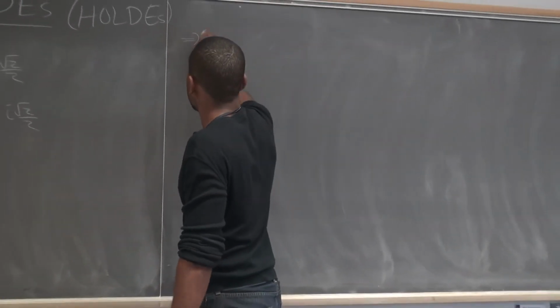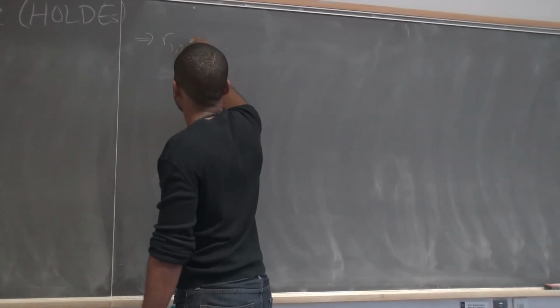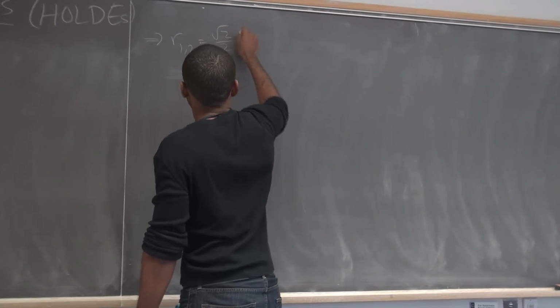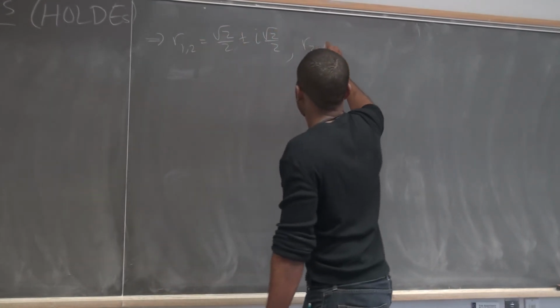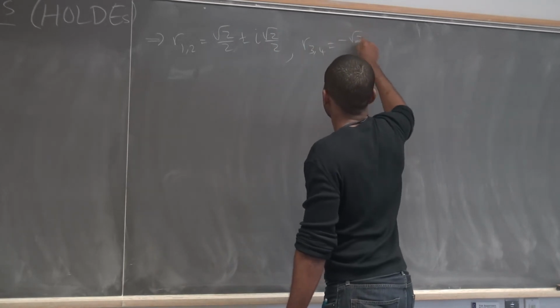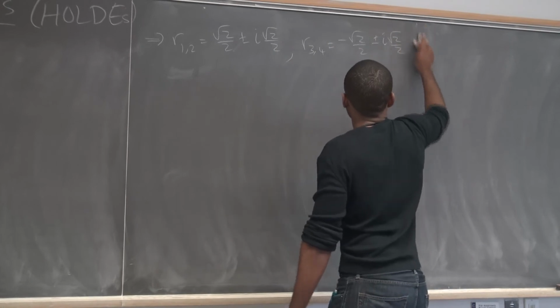So this means the solutions are radical 2 over 2 plus or minus i radical 2 over 2. R3 and r4 are minus radical 2 over 2 plus or minus i radical 2 over 2.